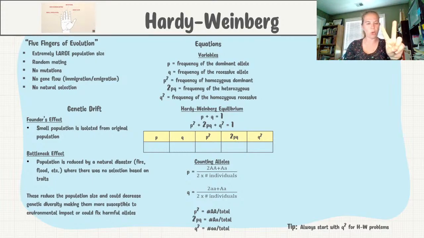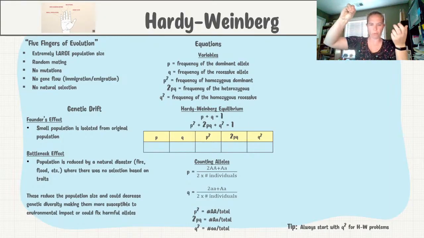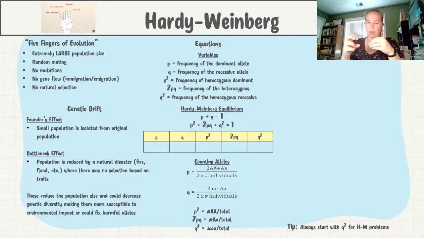Since I don't know how many of them are of each of those genotypes, you can't really start with P squared as your value, because then you'd put 0.45 as your P squared, which isn't actually the true number. So I always find that it's easiest to start with Q squared, because then you go straight to the homozygous recessive and you don't have those issues. But if you want to start with P squared, you're welcome to.